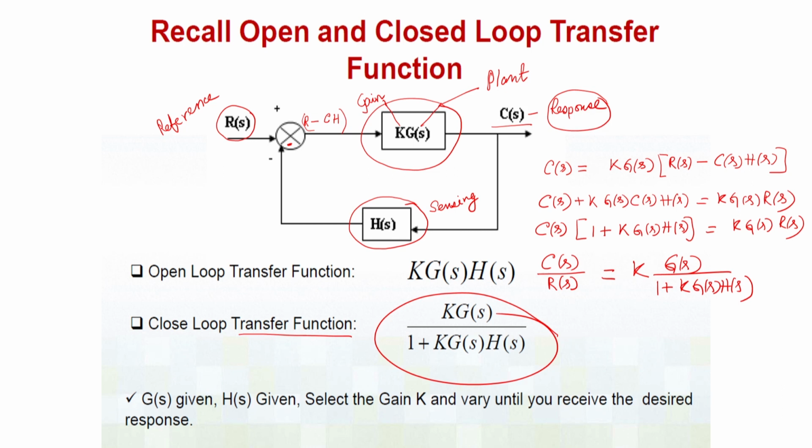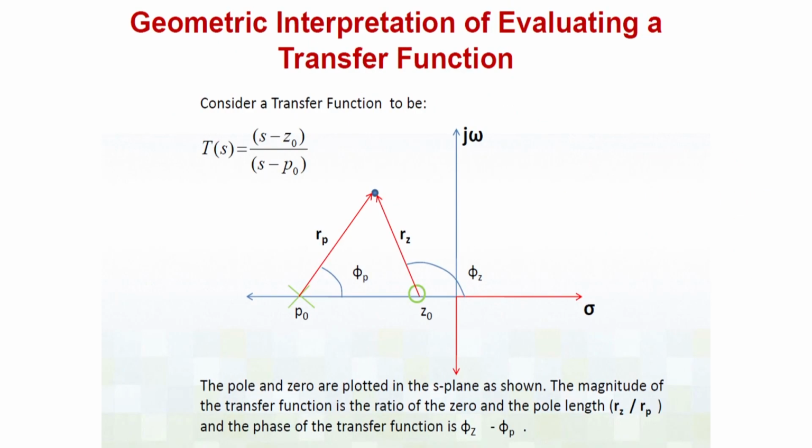Now, let me go a little further: how do we plot such transfer functions? Let us first take a very simple transfer function, because a transfer function will always have some polynomial in the numerator and some polynomial in the denominator. Let us say that it is going to be first order.